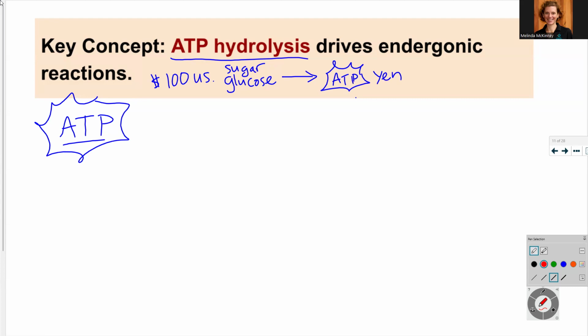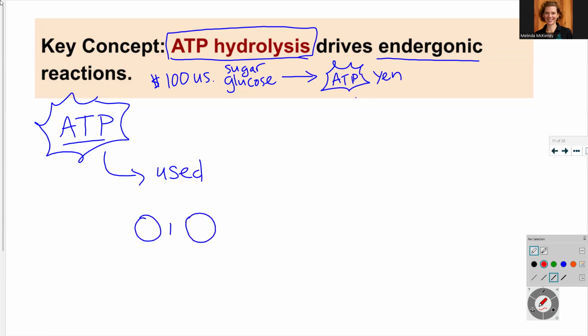ATP hydrolysis is how we actually get the energy out of ATP, and it's going to drive endergonic reactions. So ATP is often used to drive reactions that are going to require energy. For example, we talked about if you had multiple small molecules, you want to put those together into a bigger molecule, right?